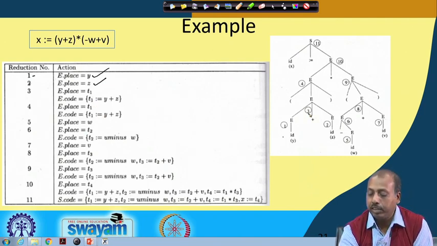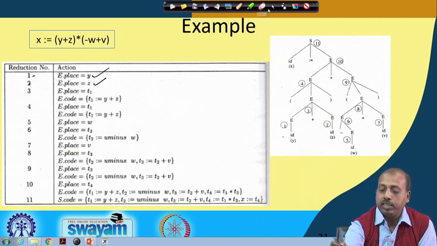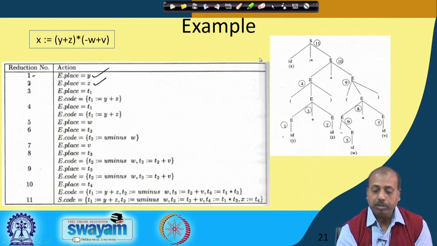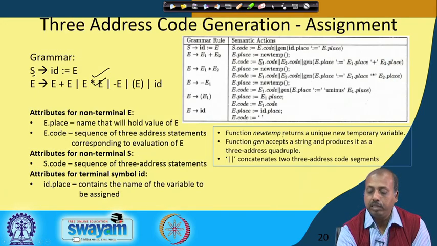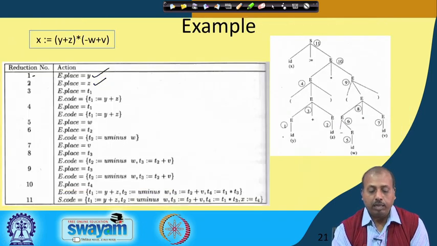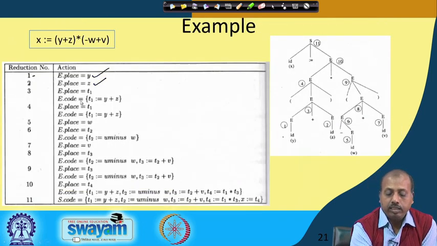Then at reduction number 3, we have E producing E plus E. Let us go back and see what the corresponding action was. It will first generate a new temporary variable in E dot place, and then it will generate the code E1 dot code, E2 dot code, and this particular line being generated separately. How is it happening?